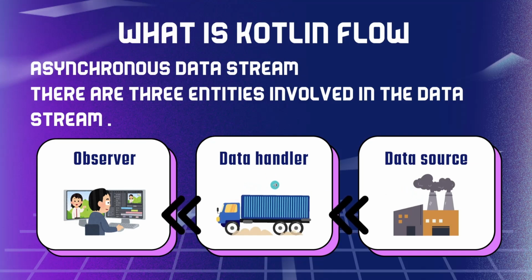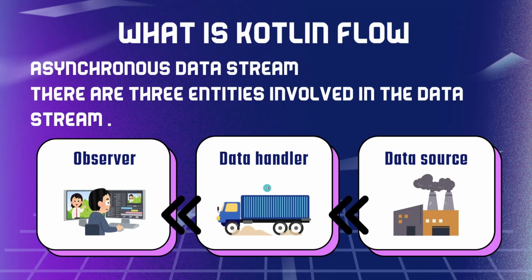And the data handler is like a truck, like a pipe that delivers data from the data source to the observer. And it can be like the view model in the MVVM pattern.